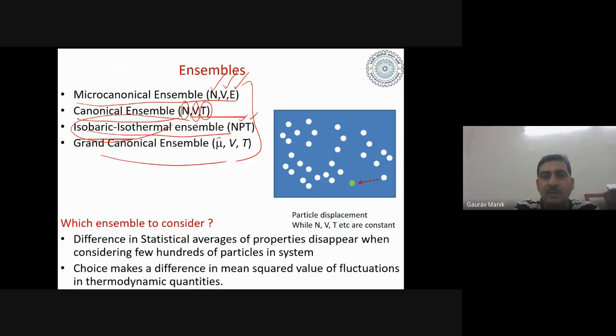And if you want to control chemical potential, volume and temperature, then it's called a grand canonical ensemble. So depending upon what you want to do, what situation you want to study, you may take any of these conditions and accordingly have either a temperature bath or pressure bath or energy bath and keep these conditions under control to evaluate the properties of your interest.